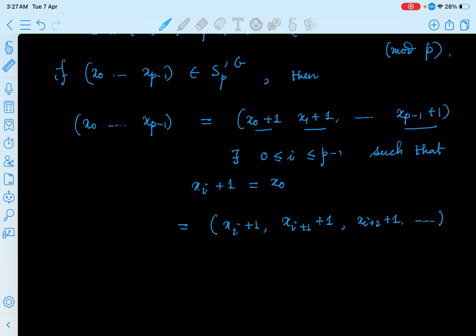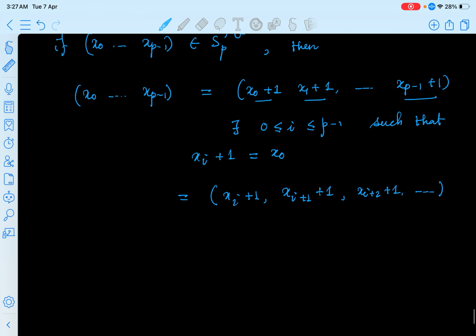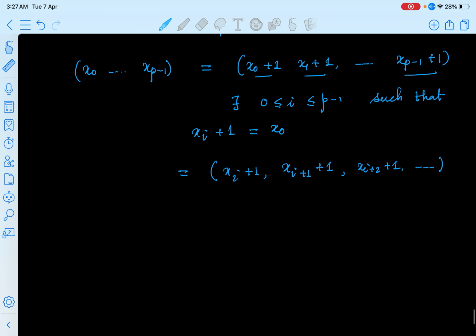Now if x0 equals xi plus 1, then x1 has to be xi plus 1 plus 1, because these are equal.